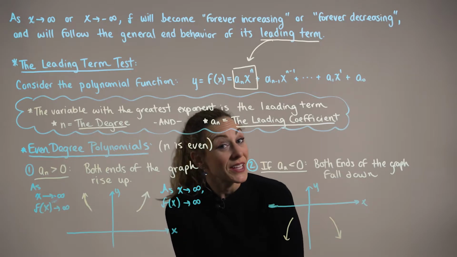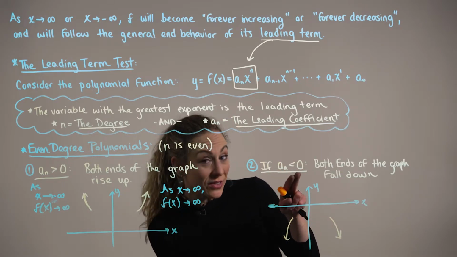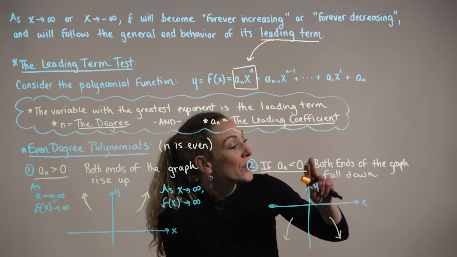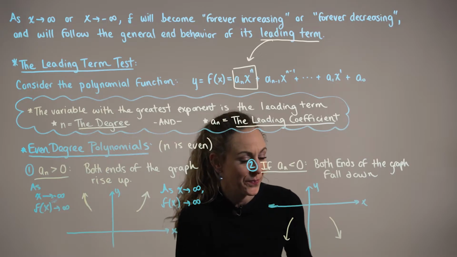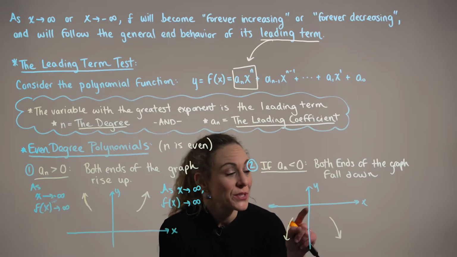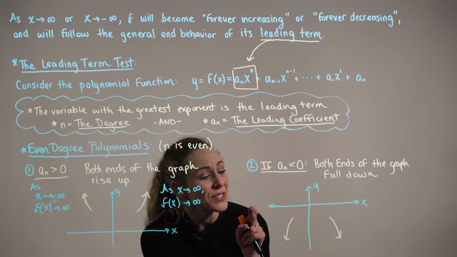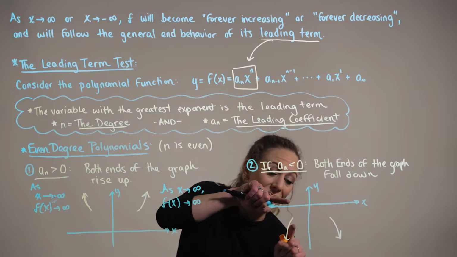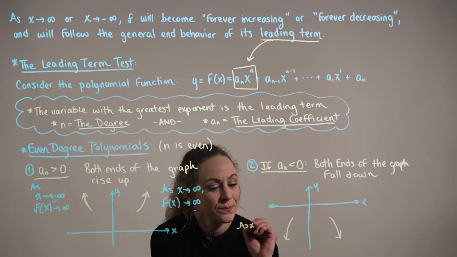So when we're working with an even degree polynomial with a leading coefficient that's negative or less than 0, we can conclude that both ends of the graph are going to fall down. And connecting this to infinite end behavior, we can observe here that as x is approaching negative infinity or getting smaller and smaller, the corresponding y values are getting infinitely small or decreasing forever.